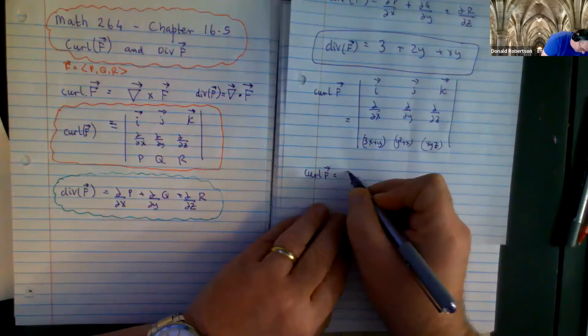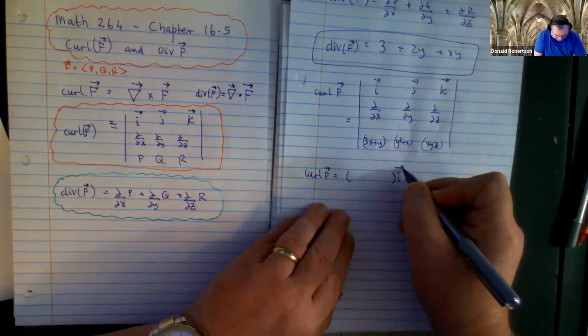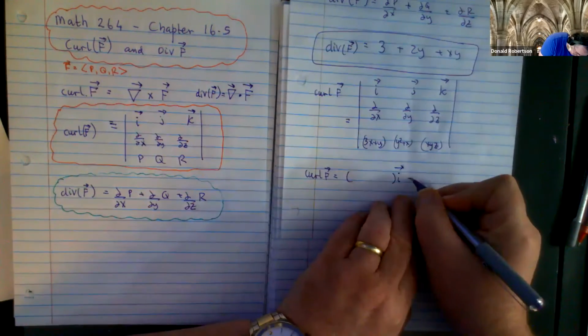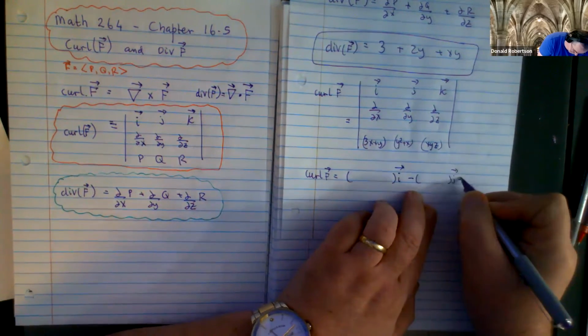And the curl of F is the determinant of this 3 by 3. So it's so many i's, take away so many j's, plus so many k's.